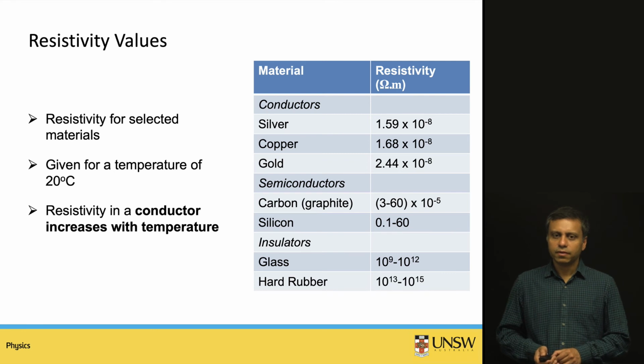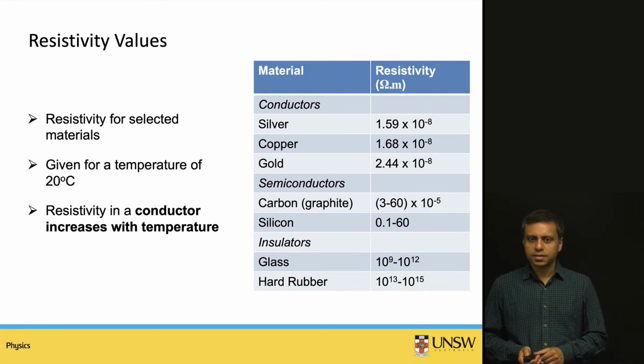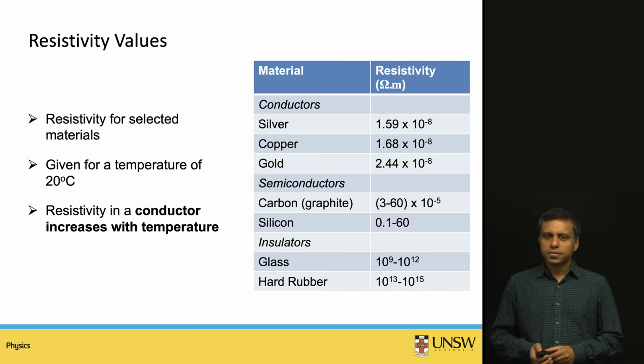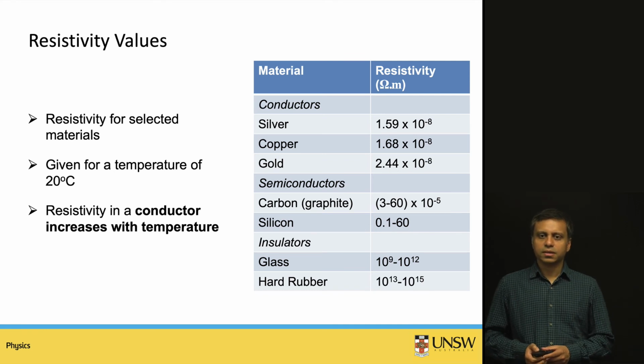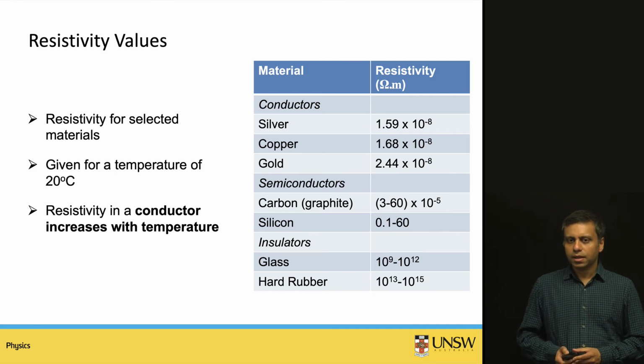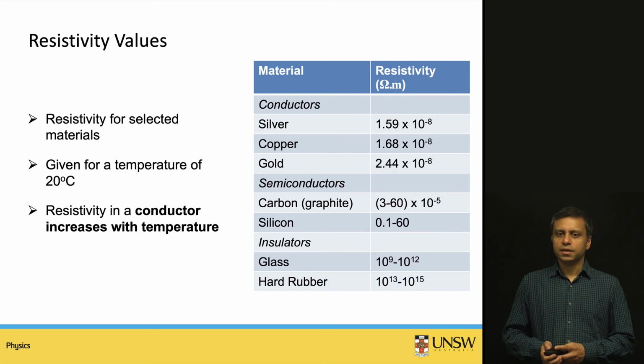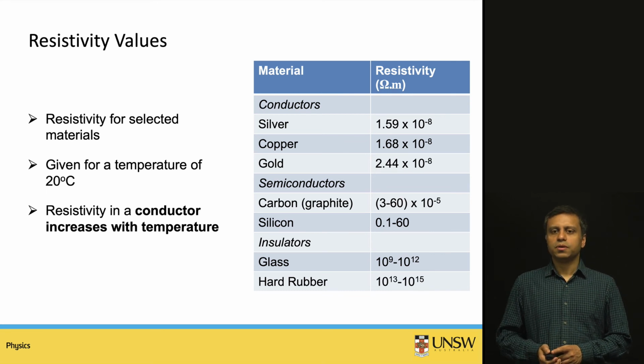This data is given for a temperature of 20 degrees Celsius. You can see that conductors like silver, copper, and gold have very small resistivity, because these are metals, right? They conduct electricity very well. They provide less obstruction to current. So their resistivity is very small, of the order of 10 to the power minus 8 ohm meters.